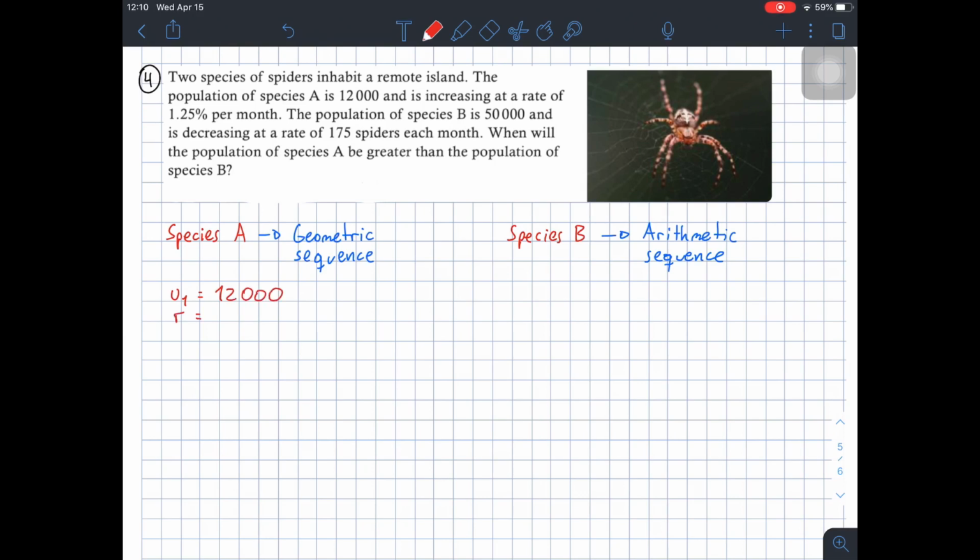and a common ratio. I'm going to write both formulas before. Remember the formula, Un equals U1 times r to the power of n minus 1, and in this case it's Un equals U1 plus n minus 1 times d.